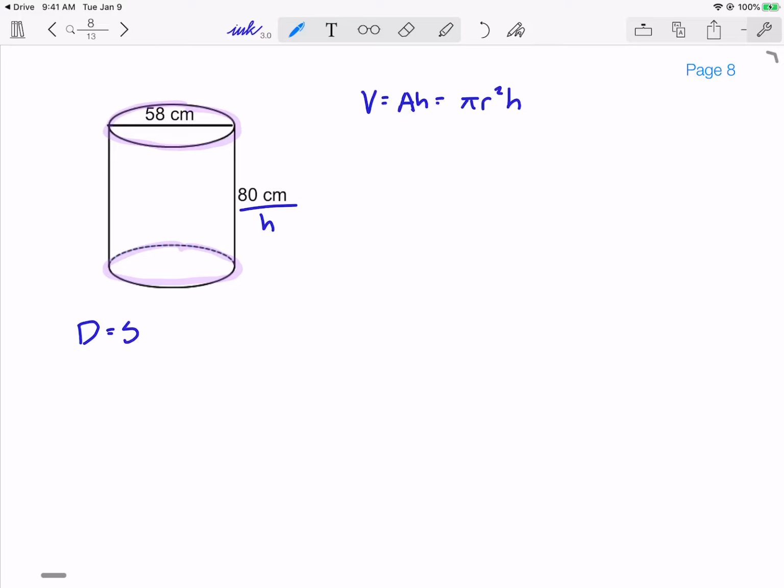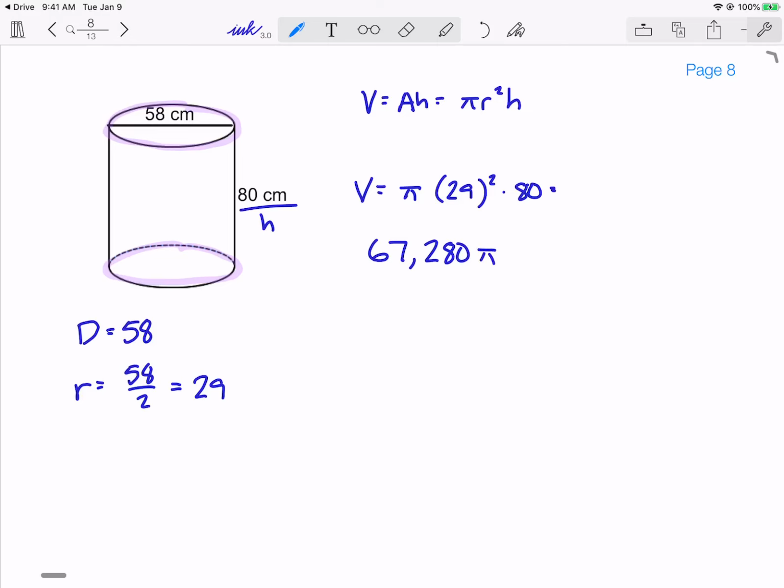So I've got to take my diameter of 58 and divide that result by 2 to get that my radius is actually 29. So to find my volume, I'm going to do π times 29 squared times 80. And when I type that in my calculator, I end up with 67,280π centimeters cubed.